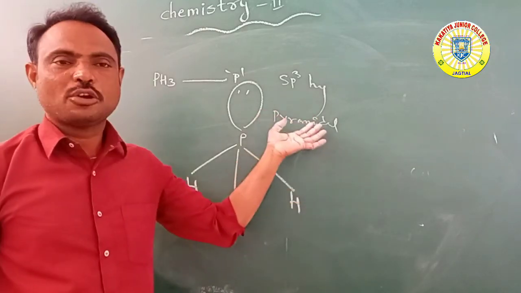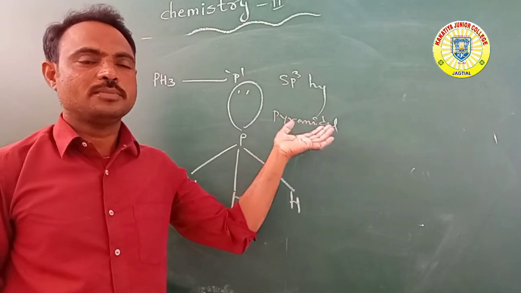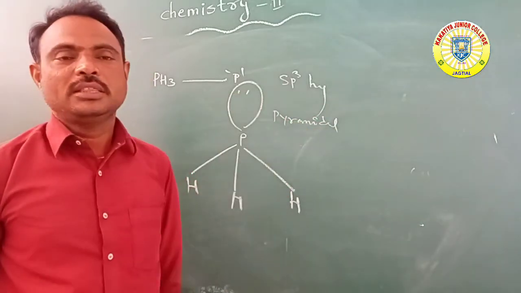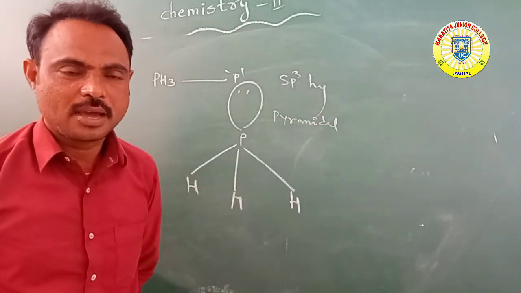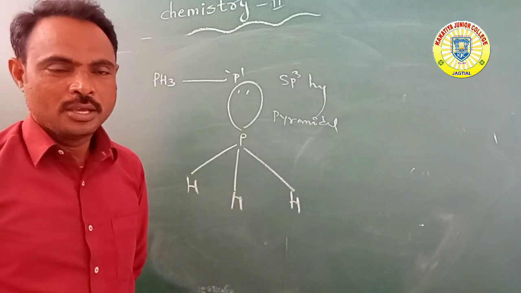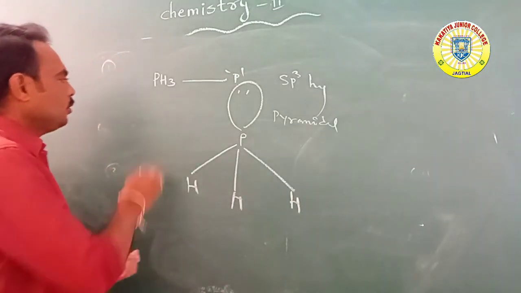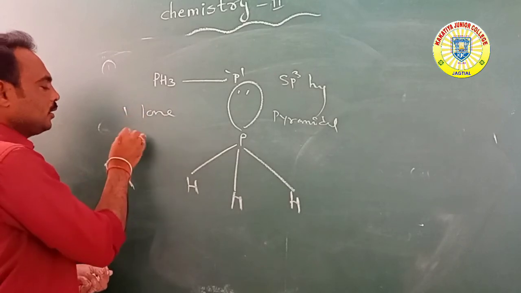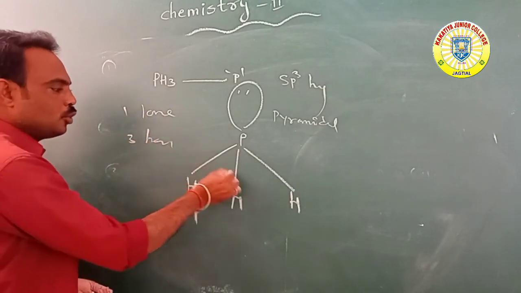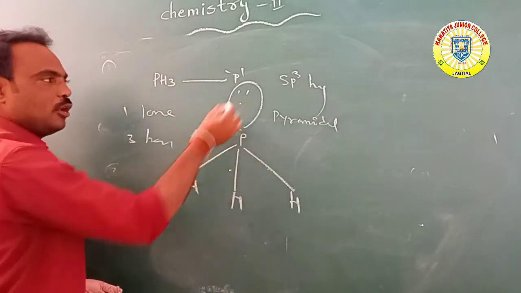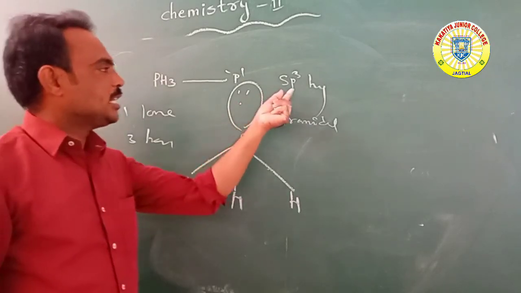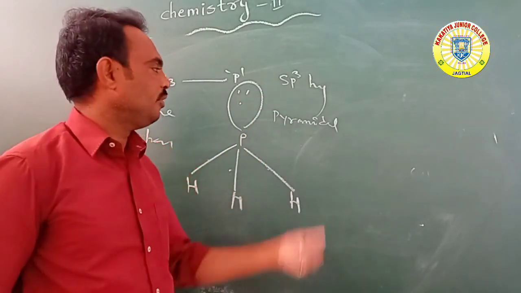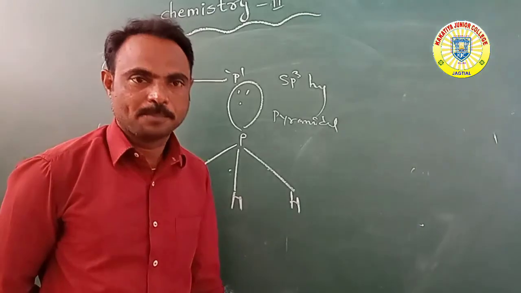These 3 single electrons of the hydrogen atoms bond with the 3 single electrons of the phosphorus atom to form PH3. So it has one lone pair and three bond pairs. So it has sp3 hybridization with a pyramidal shape.